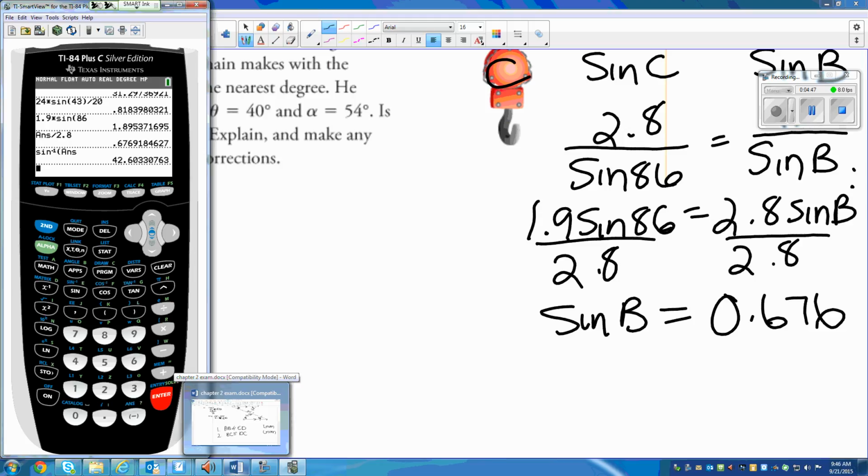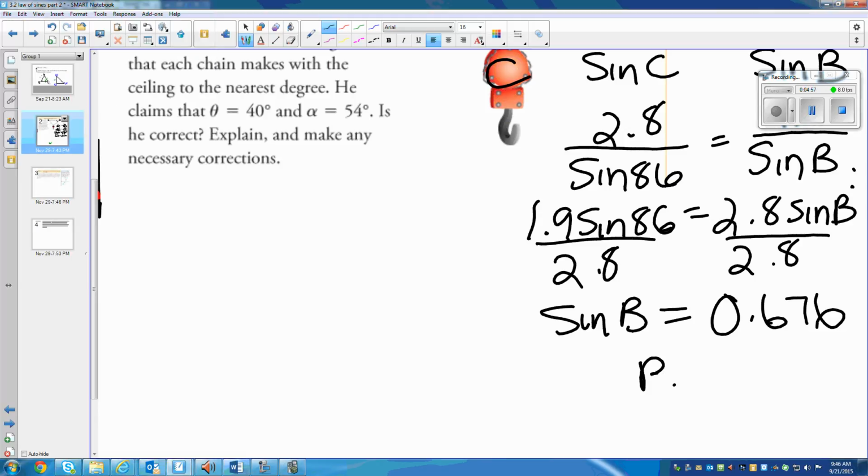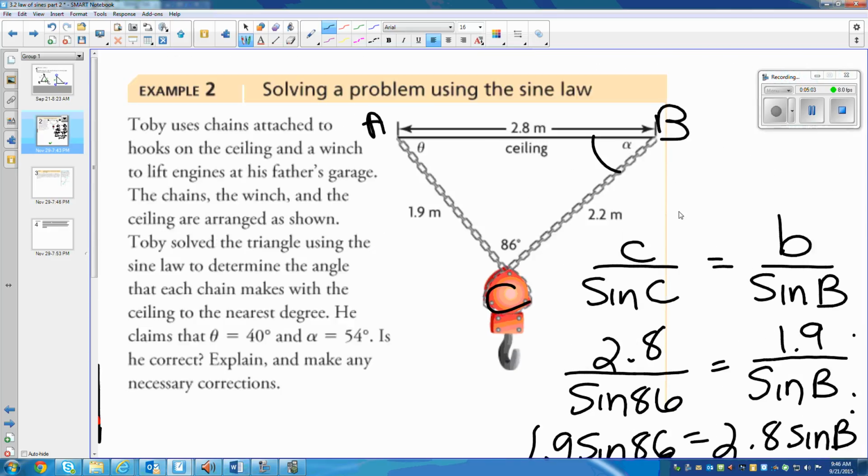So that's angle alpha, and he had it as 54, so he must have done something completely off. Okay? So B is equal to 43 degrees, which is really angle alpha up here. Now, we could do sine law again and solve for theta.